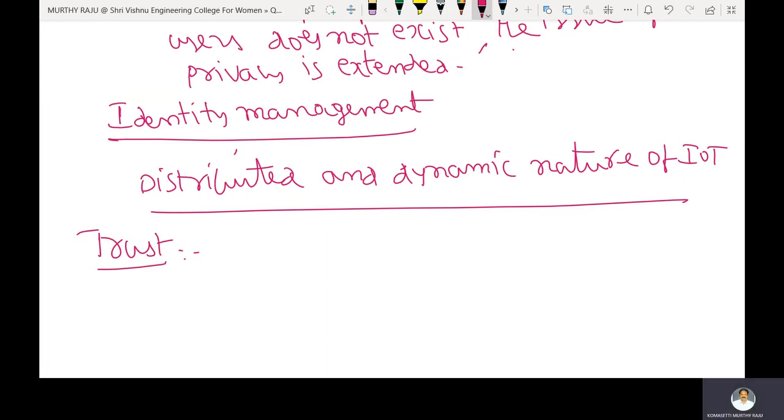Therefore, in an uncertain IoT environment, trust plays an important role in establishing secure communication between things. You must design an effective mechanism to define trust in a dynamic and collaborative IoT environment. In military applications, some nodes are placed. These nodes sense the environmental conditions and generate data. After that, the data is transformed into another form using cryptographic algorithms, that is called encryption. The encrypted data is sent to trusted users.